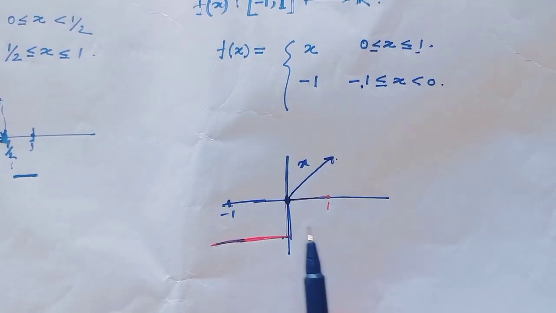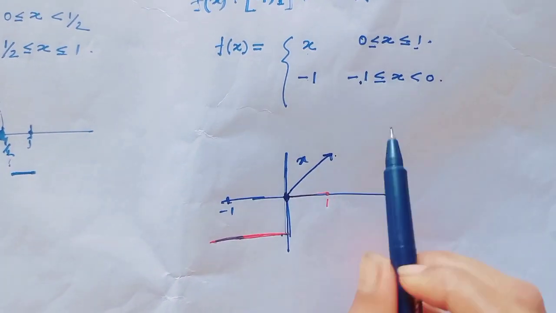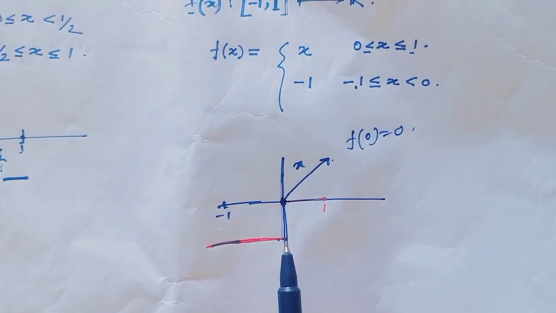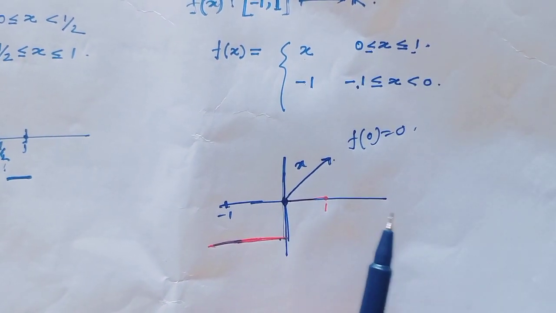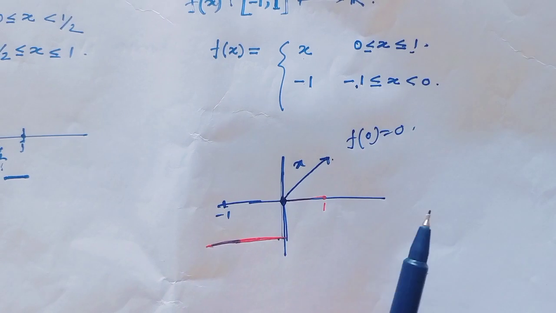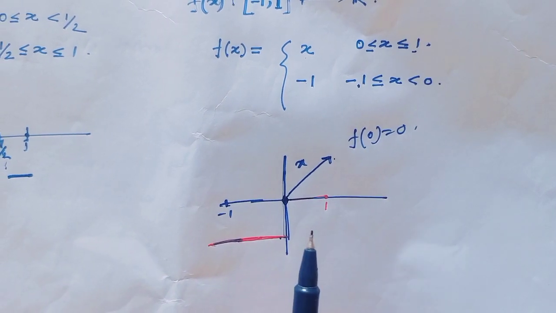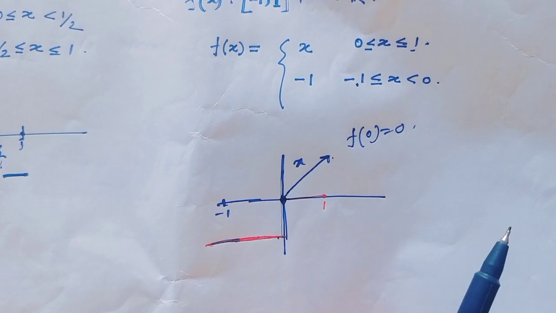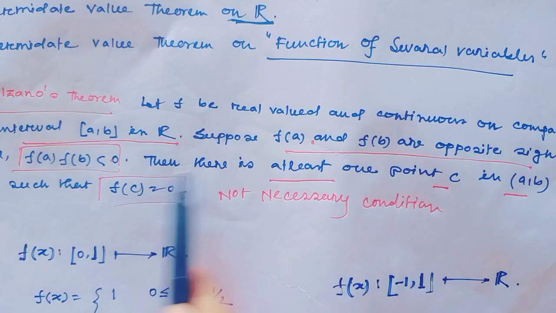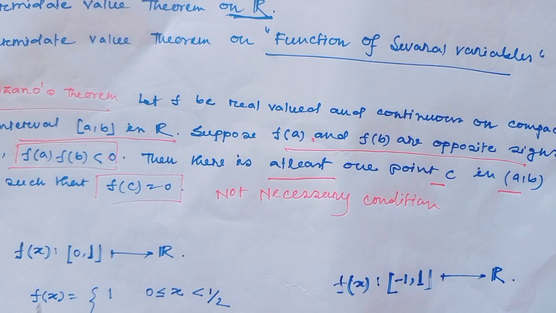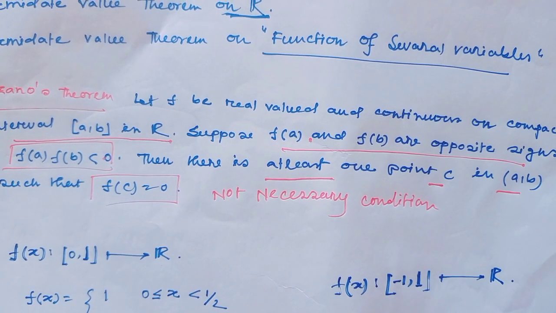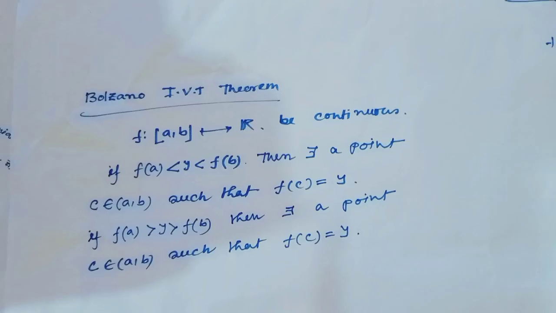And at the point 0 the value of the function is 0. That means not all conditions of the theorem are satisfied here, but there exists a root at the point 0. So these conditions are not necessary conditions. They are sufficient conditions.